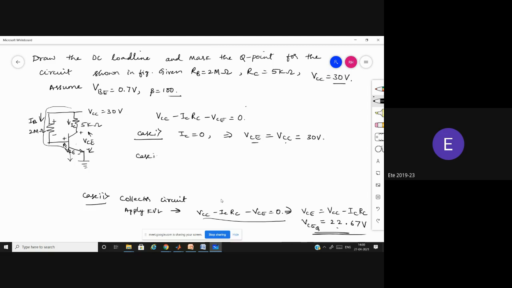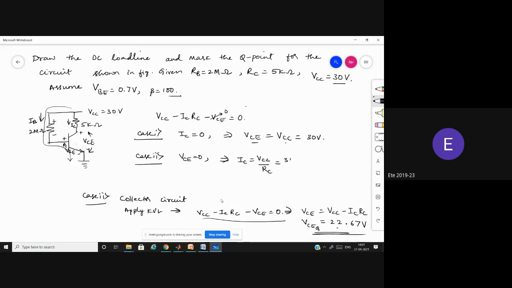Case 2. Here we need a point along the y-axis. To plot a point along the y-axis, we know that the x-axis value should be 0. X-axis means VCE. So consider VCE is equal to 0. When VCE is substituted as 0 in this case, then we get IC is equal to VCC by RC.